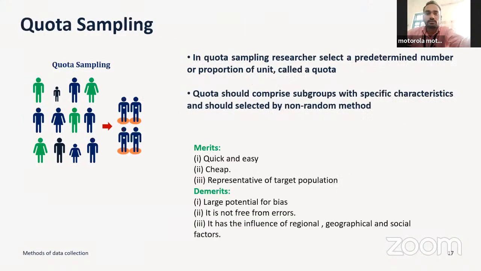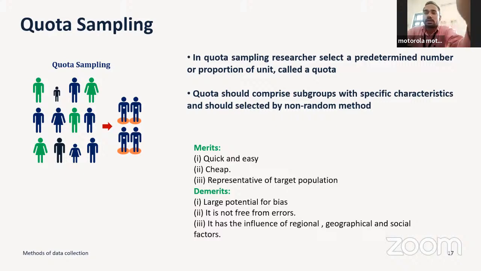Next slide, sir. The next sampling method is quota sampling. It is one kind of stratified sampling. But here the selection is totally based on a predetermined number or proportion of units that we call a quota. It means we have already decided what kind of characters, what kind of sample with a peculiar character we include, and what number of individuals or samples should be included in that quota.